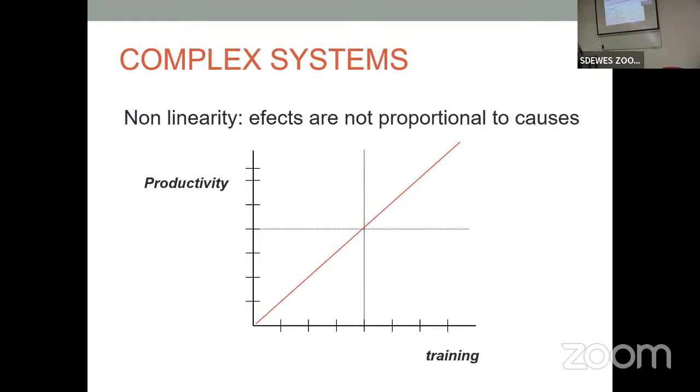You are very slow with the production of results or whatever. However, when you have higher training, you have higher productivity. So the relation between training and productivity usually is like this green curve. At the beginning, you need much more training, but your increase in productivity is quite low.